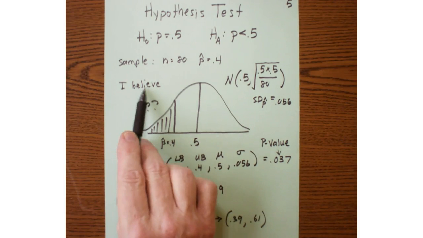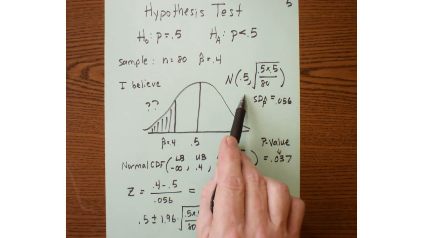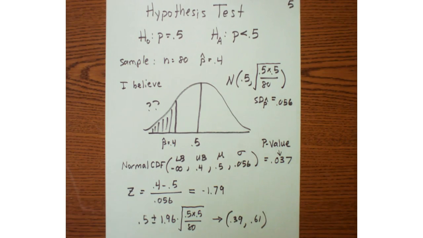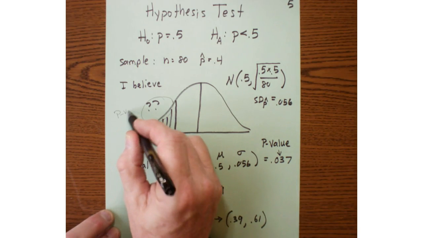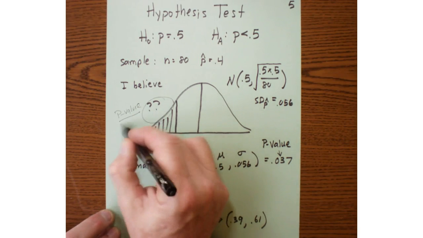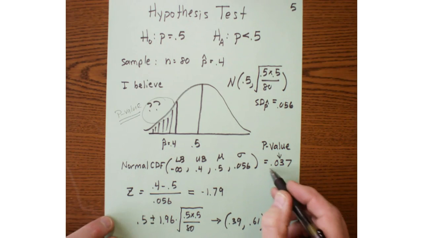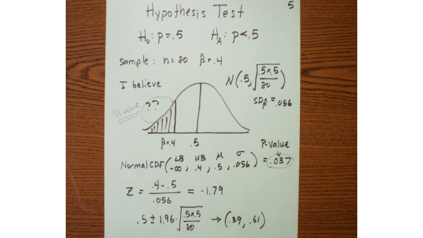So I believe in this model here. That's the model I believe in. It's based on the proportion. And what I'm interested in is that probability, or remember, what is called a p-value. So using my normal CDF, I come up with a p-value of 0.037.